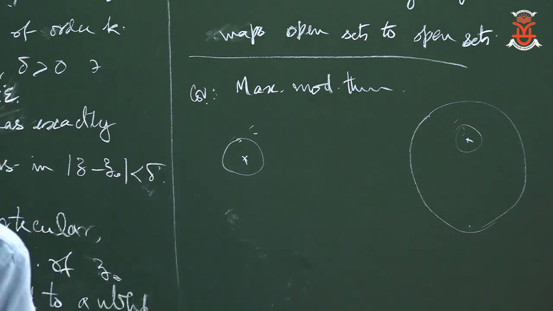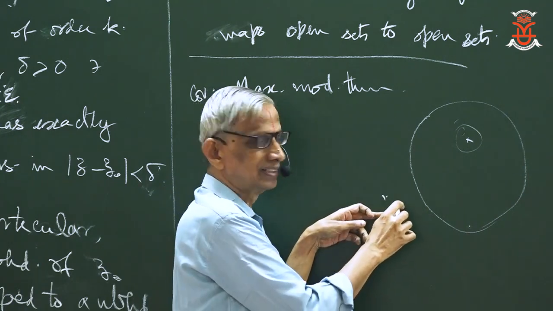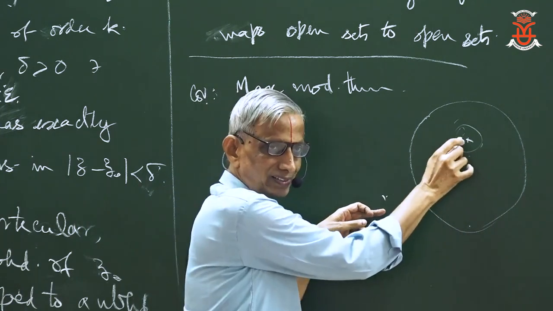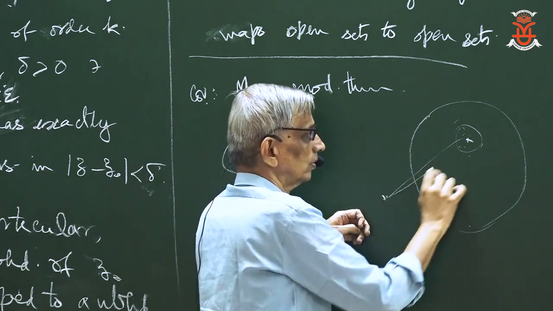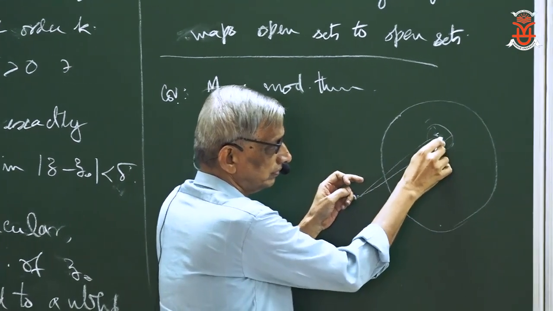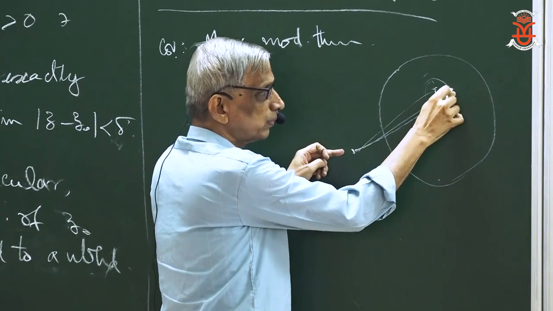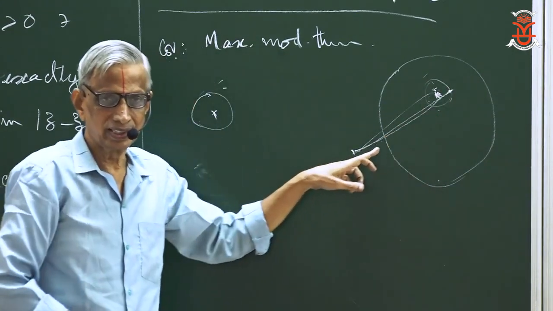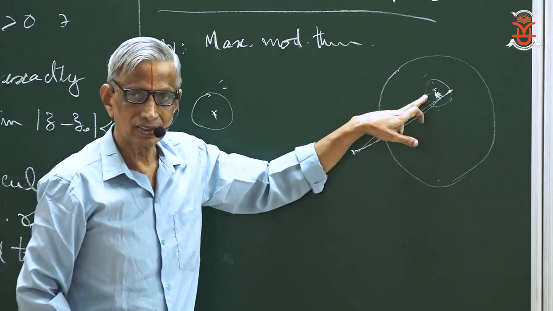It is the distance from the origin, right? So if the origin is somewhere here, all these points are in the range. So if this is f(z naught), the distance to the origin is mod f(z naught).